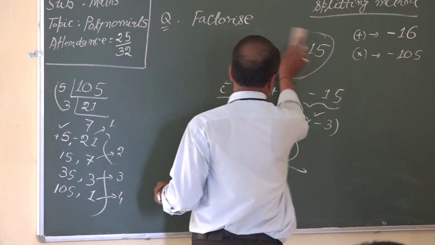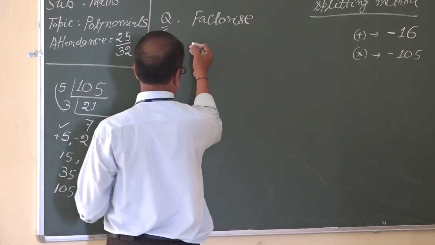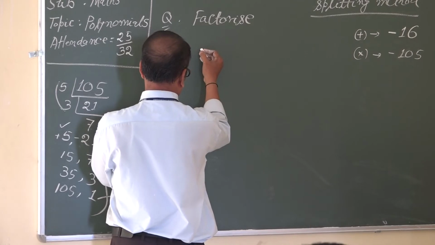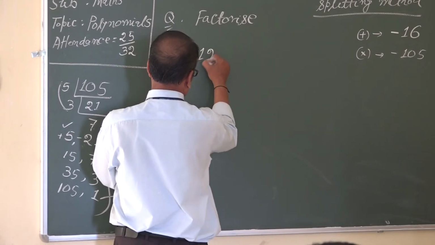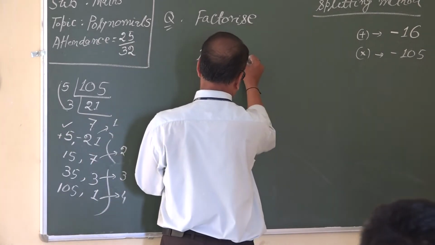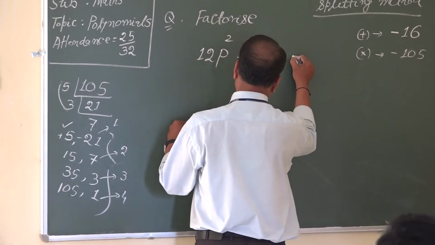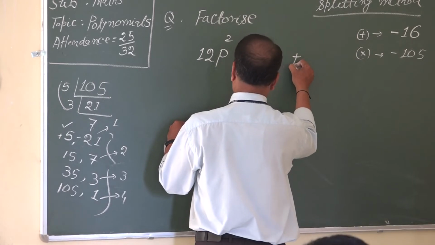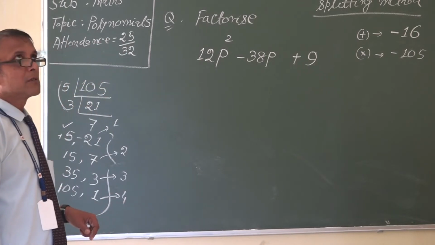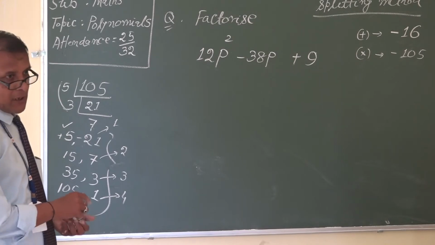Now I am just giving another question to you. Factorize 12p square minus 38p plus 9.